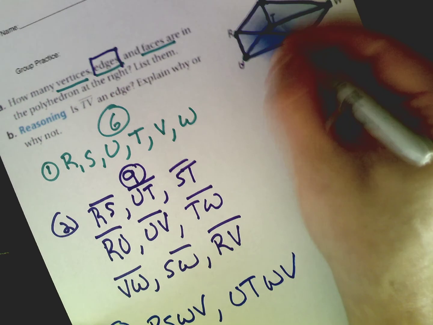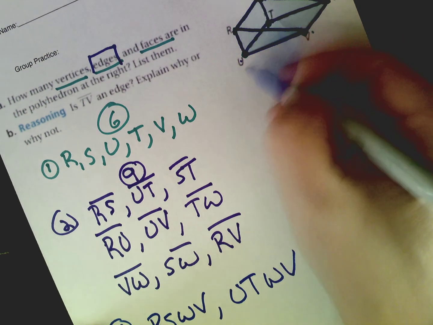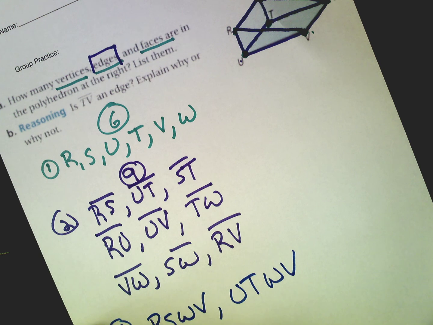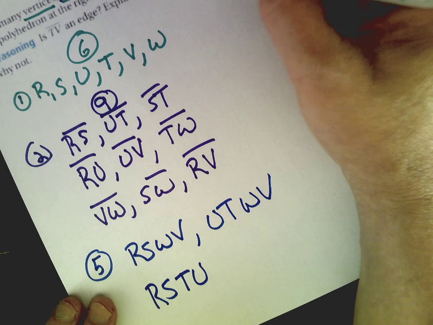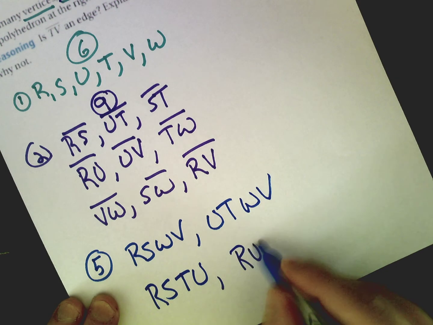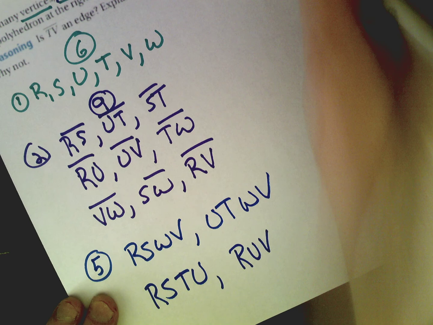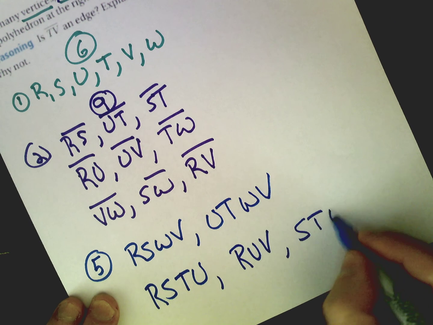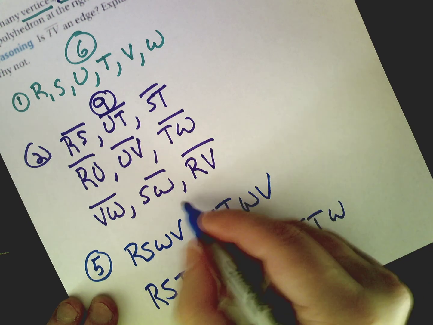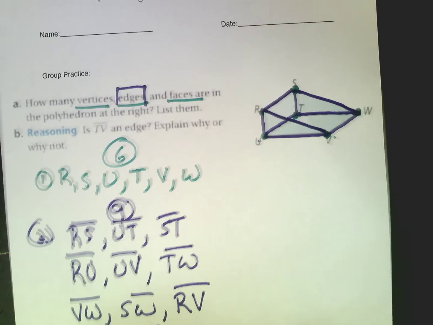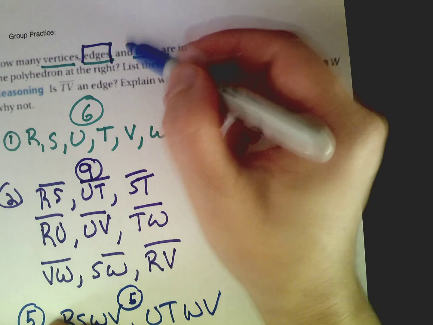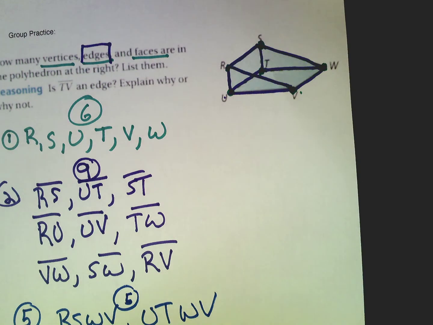Then I have the one in the back, RS, TU. And then I have the two triangles, RUV and STW. And that, as we said, gives us 5. So use this lesson to get a good idea of what we're talking about when we say vertices, edges, and faces.